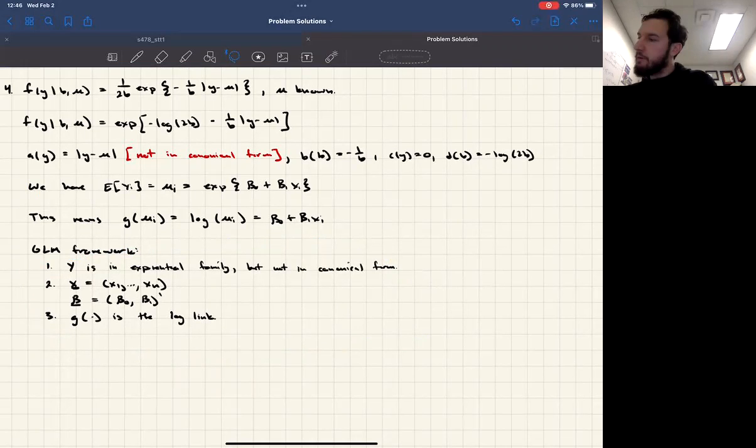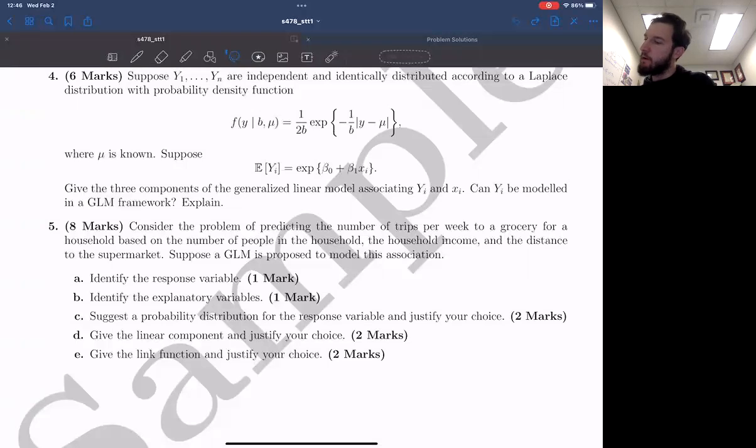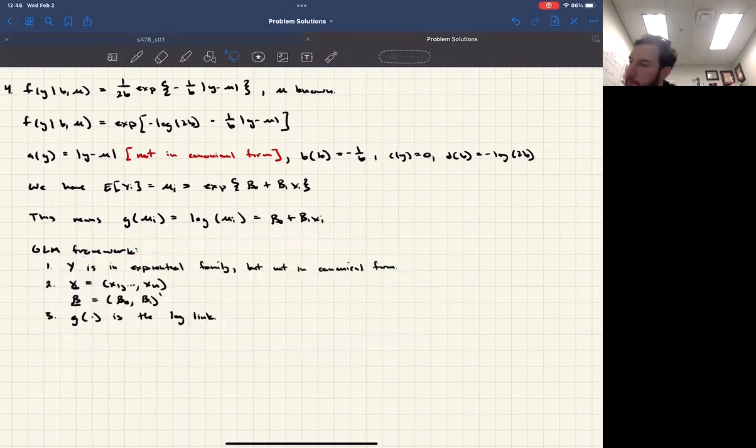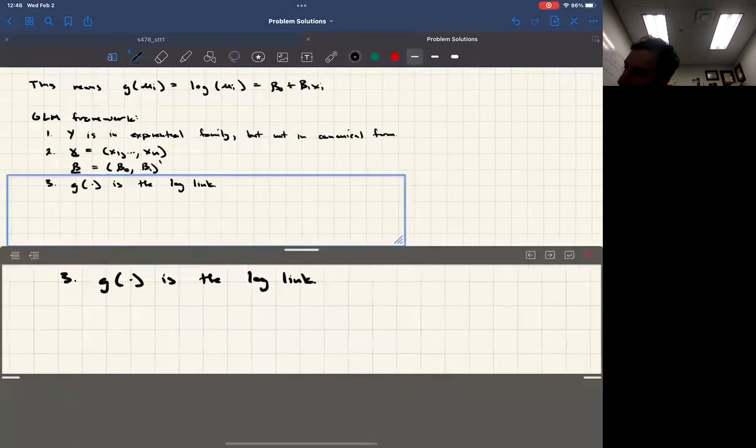Okay, so then the last part of the question is, can yi be in a GLM framework? Explain.